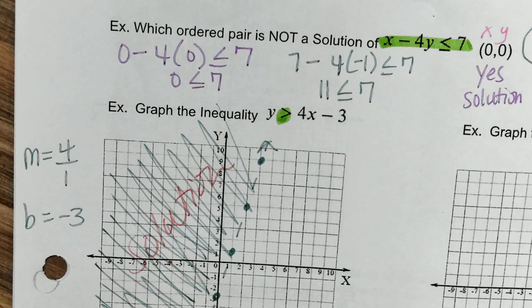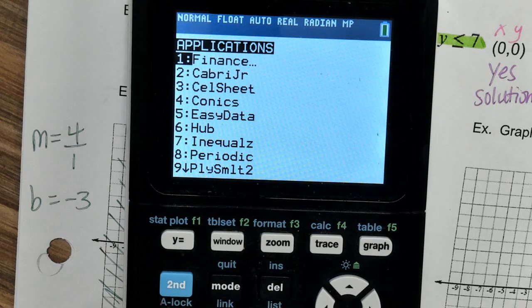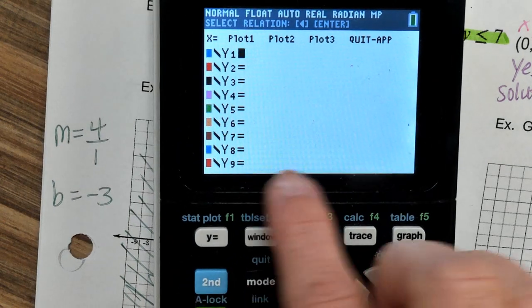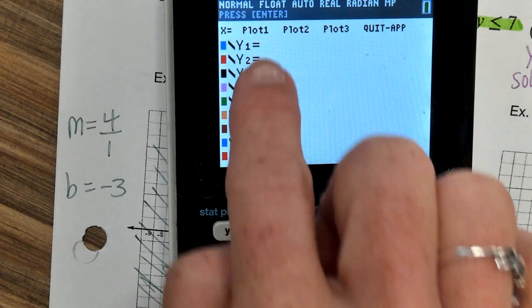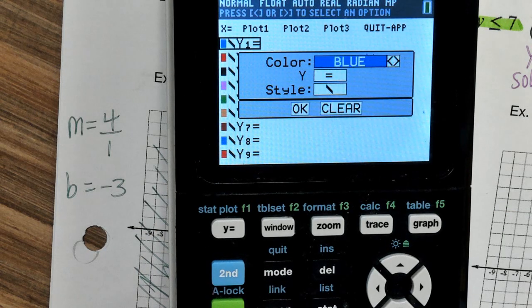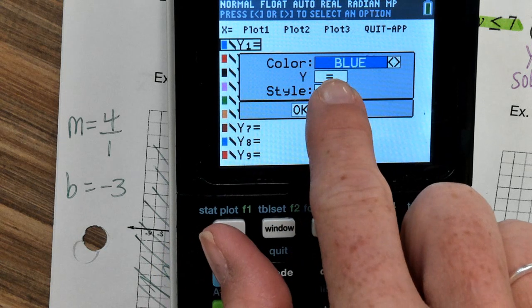Now switch over to my people who have my calculator. I'm going to reset my calculator real quick so that I can look like y'all. I go to apps, just like I already had y'all do, turn on Inequalities. I go to y equals. Yours are not going to pop up down here. You are going to arrow over until that whole thing is highlighted, and you're going to hit enter. This is going to pop up. Do y'all see where it says y equals?